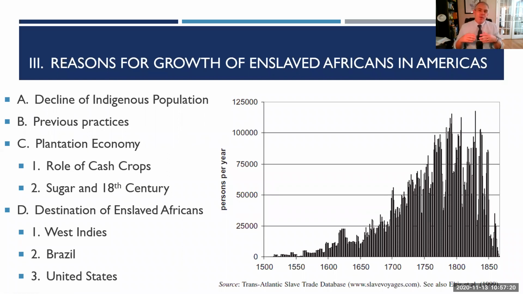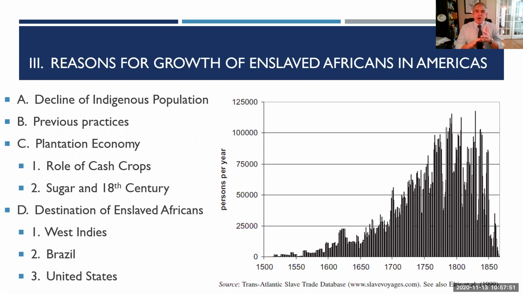So let's talk now about why there's a growth in enslaved Africans in the Americas in the 1700s. The first thing is that there's a decline of the indigenous population. When the Europeans initially come over, the first group that's enslaved are the Native Americans. Native Americans are sent to seek out gold and silver and bring it back to the European colonial governors or the colonial bosses, whatever you want to refer to them as.